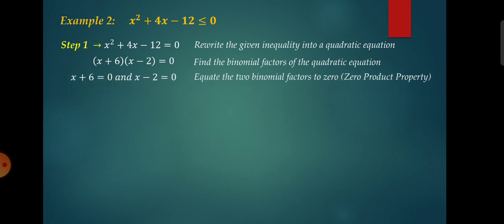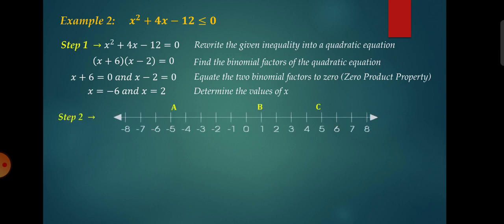Then according to the zero product property, each binomial is equal to 0. X plus 6 equal to 0, x minus 2 equal to 0. Then to determine the values of x, the plus 6, transpose it, becomes negative 6. The minus 2, transpose it, becomes positive 2. Therefore, if we are to plot the values of x on the number line, we use closed dots.